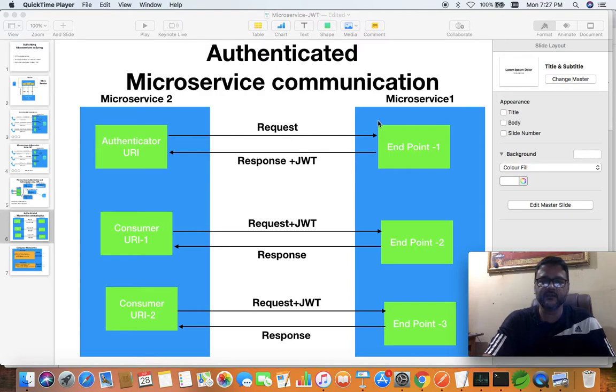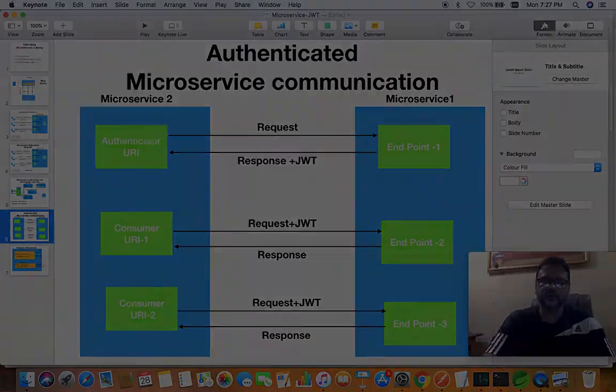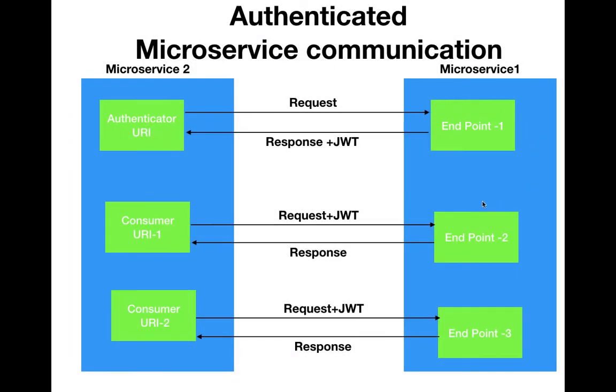Suppose the first microservice, which generates the JWT, JSON Web Token, is this one. Microservice 1 contains a few endpoints: one is going to authenticate the user, another is going to provide some response, and maybe we may have any number of endpoints for providing response.